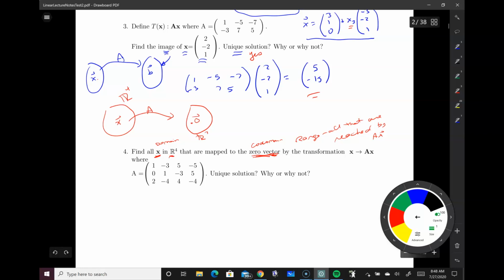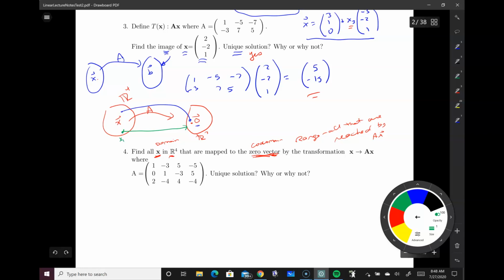So there can be more than one, right? There can be this different value that goes here, and then this other vector that goes to 0. So there can be more than one vector that goes to the 0 vector. And I know of one absolutely, right? This one here I could call, what letter do I want to use?